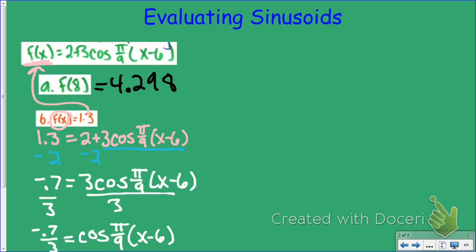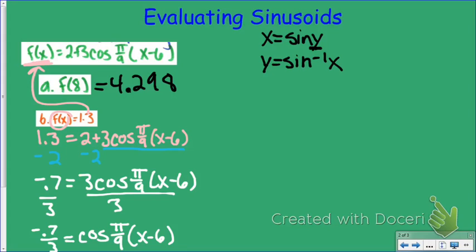Okay, now the next step is the complicated part. In order to get that x by itself, if you remember back in our last unit when we talked about inverses, if I had y equals this, actually let me write it this way. In our last unit when we had x equals the sine of y, the only way we were able to get that y by itself, the only way to take it out of that sine, was to rewrite it as an inverse.